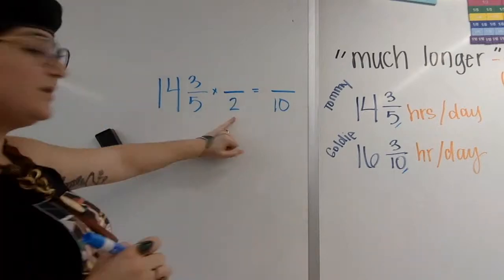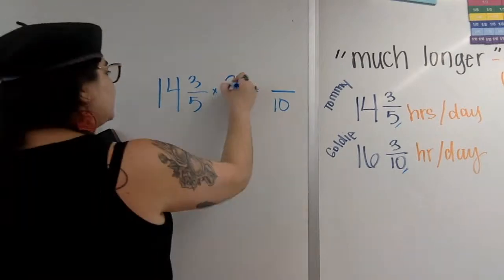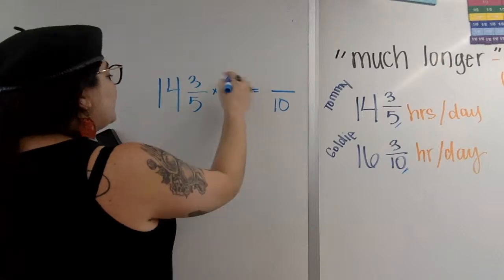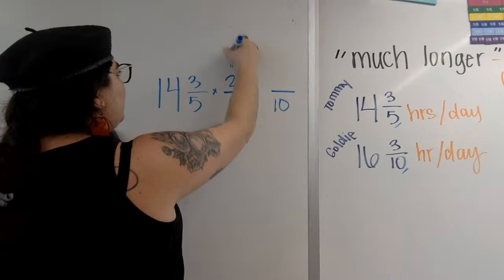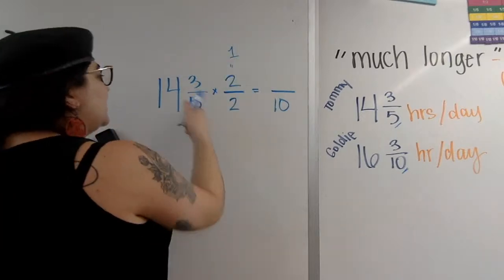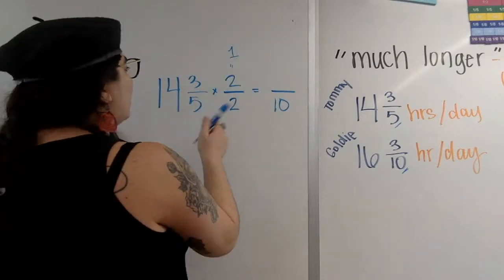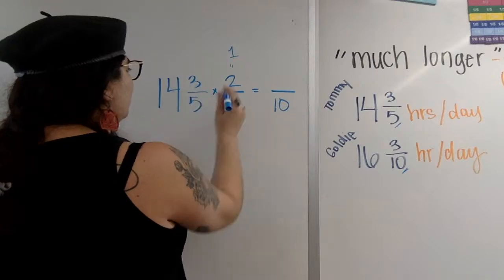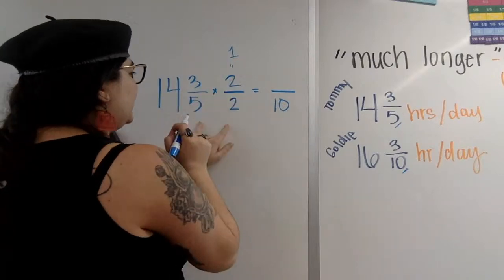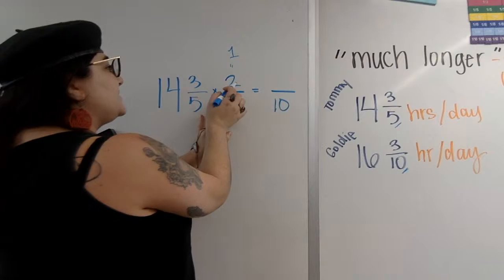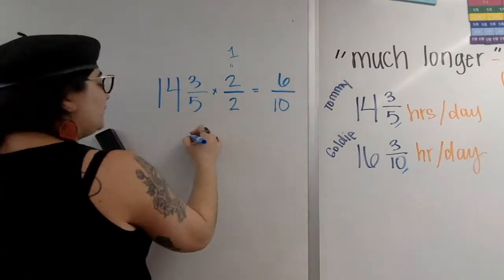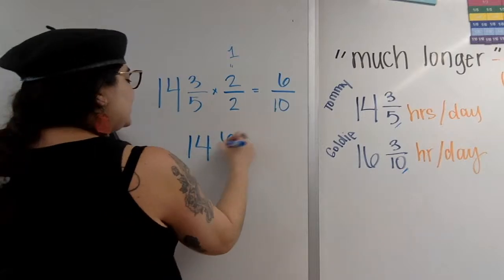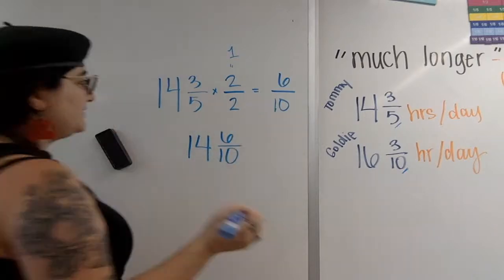And we know whenever we do it to the bottom, we always have to do it to the top, because 2 over 2, 2 halves, 2 seconds equals 1 whole. So let's finish the math. We are now converting just our fraction. We are not multiplying 2 times 14. So 3 times 2 is 6. So now we have 14 6/10.